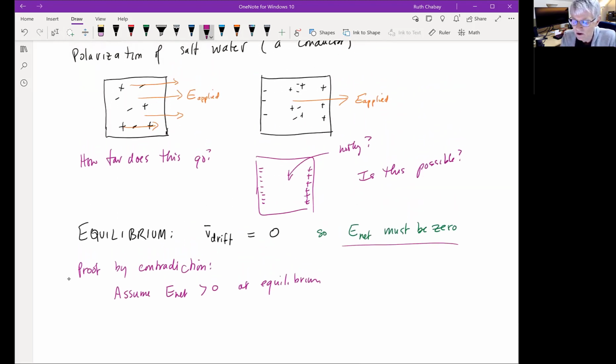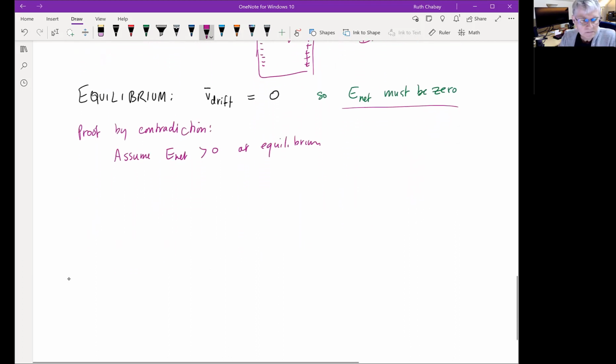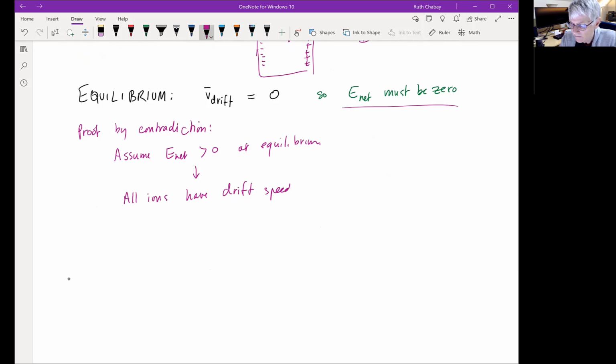So remember, we have this applied electric field. Well, if we assume this, then all ions have drift speed v drift is mu E net, which is greater than zero.